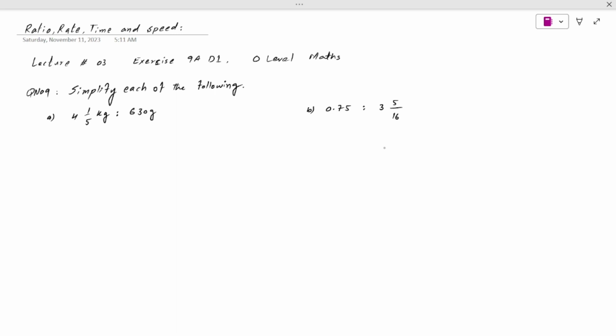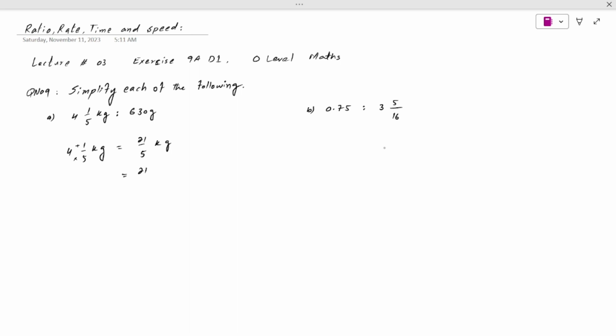So 4 and 1 over 5 kilograms is equal to 4 fives are 20 plus 1, 21 over 5 kilograms. We have converted it into a fraction from the mixed fraction.